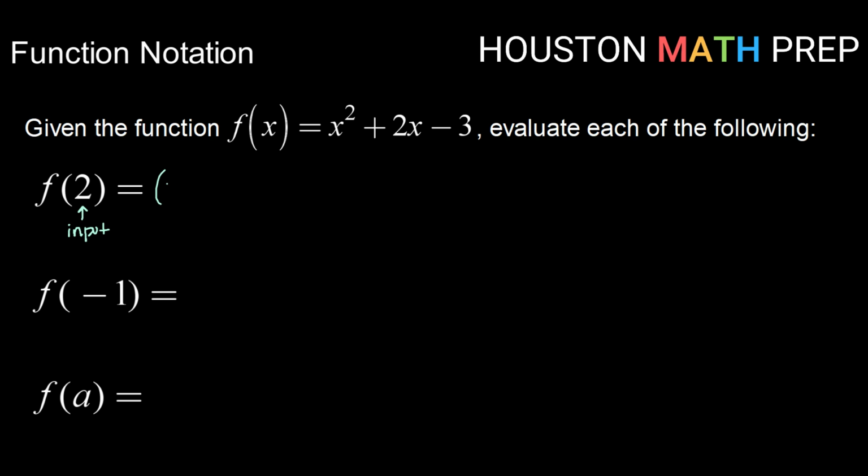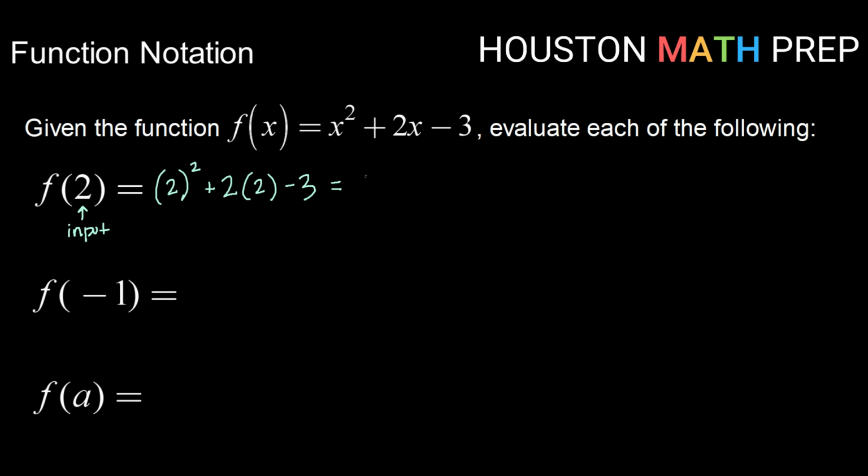So that would be 2 squared plus 2 times 2 minus 3. So I've taken, again, my same definition, x squared plus 2x minus 3, and I've changed the input from x to 2. Now we have a numerical expression that we can evaluate.